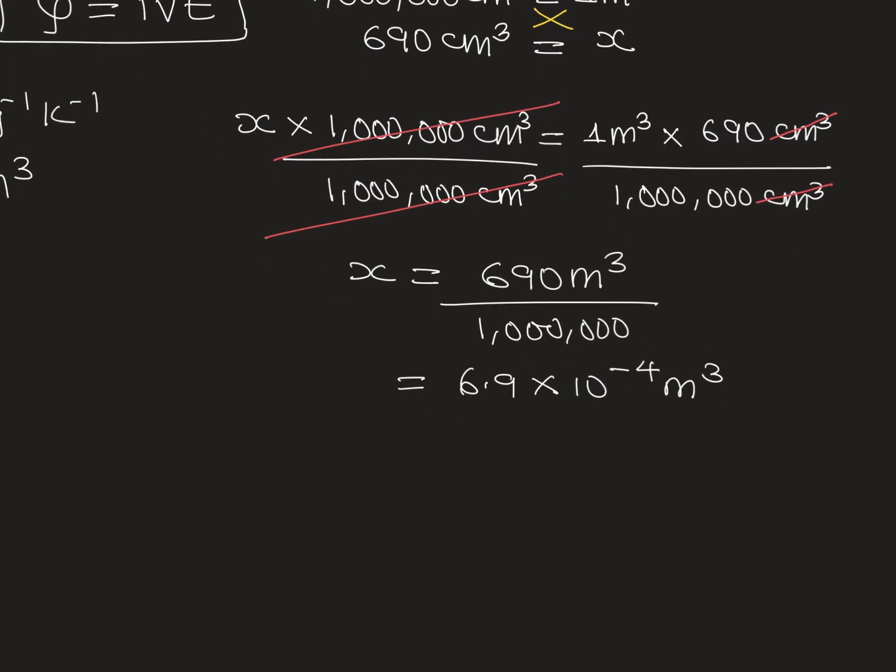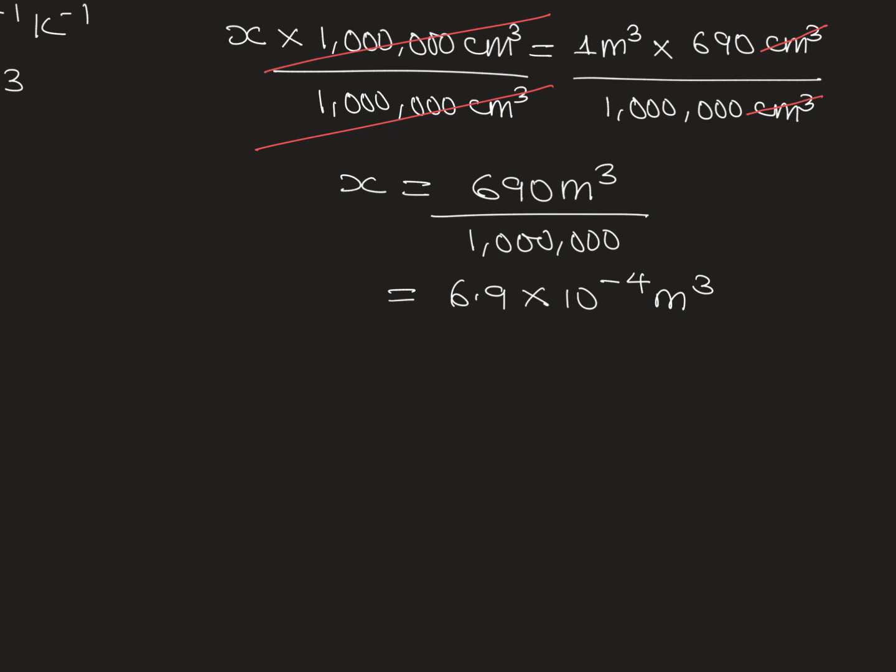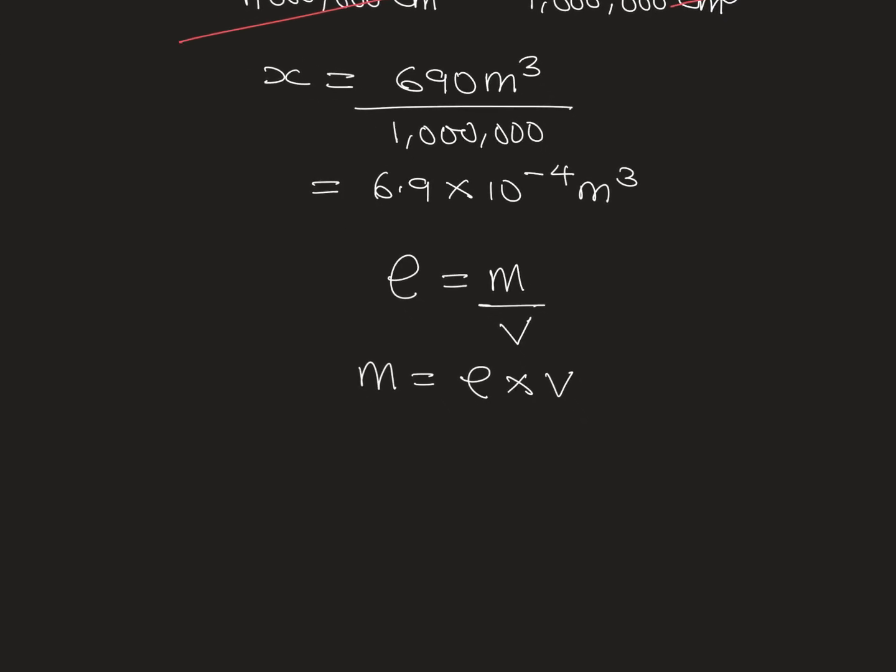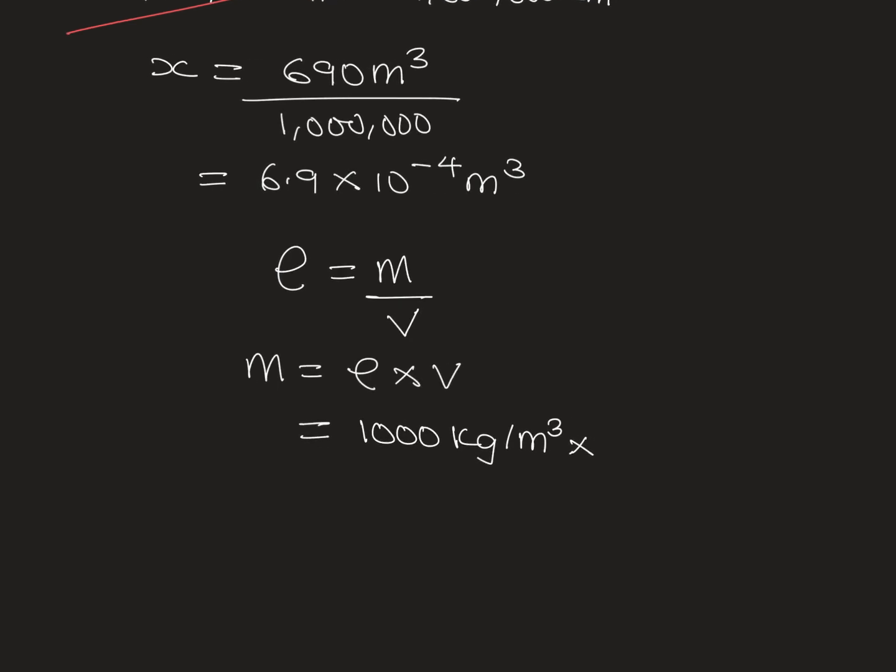Okay, so I know that density is equal to mass divided by volume. If I want to find mass, mass is equal to density times volume. The density is given in the question as 1000 kilograms per meter cube, multiplied by the volume in meter cube, 6.9 times 10 to the power negative 4 meter cubed.